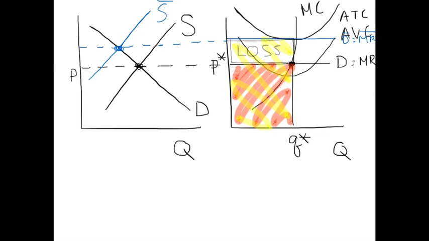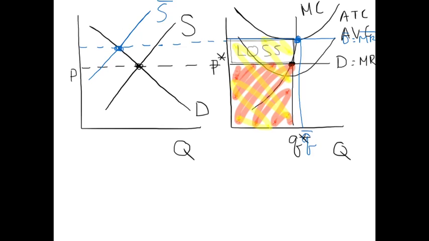Okay? And then now you're going to figure out where MC and MR intersect again to find your optimal bundle after the shift, which is right there. Do the same thing where you bring it down to the Q axis, and this is now your Q bar.